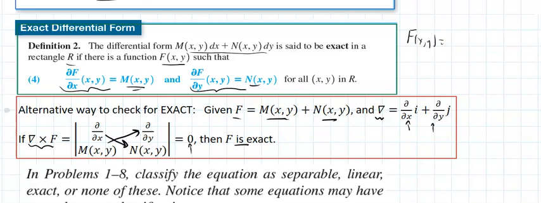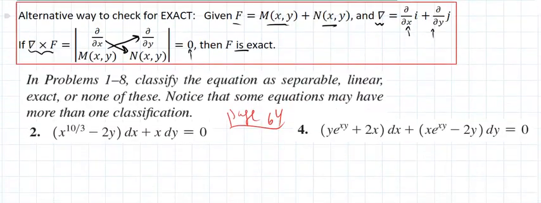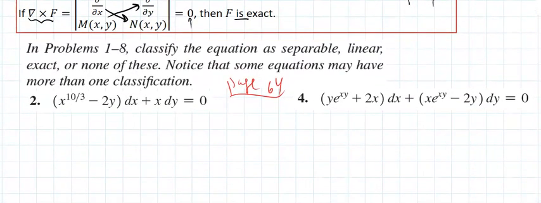And that's really what you're doing here. So this is another way of doing this. If you want to do that, you can. It's up to you. So I'm going to do both on a couple of those. Probably I'll stick with the traditional. So this is dx, this is M, and this is N.